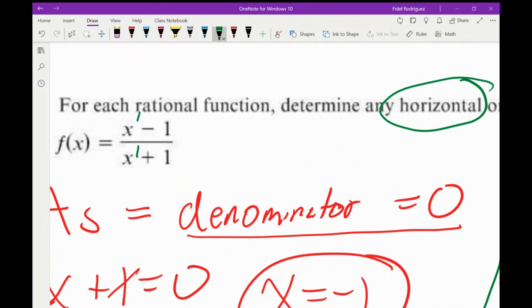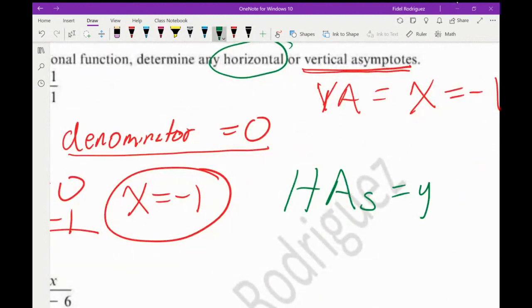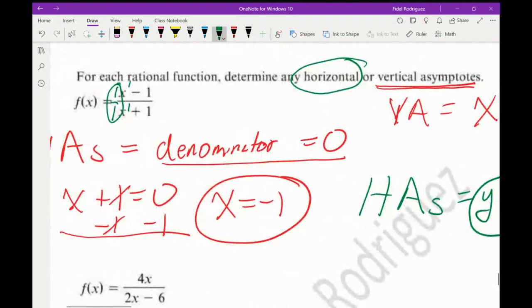When the degrees are the same, we take the fraction of the numbers in front of those x's. This is a 1 and this is a 1, so the fraction is 1 over 1. So my horizontal asymptote is y equals 1. That happens when the degrees are the same.